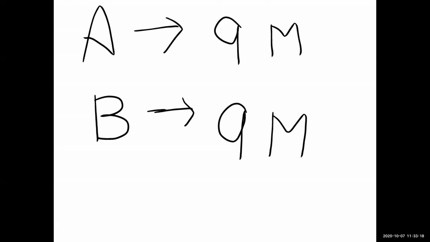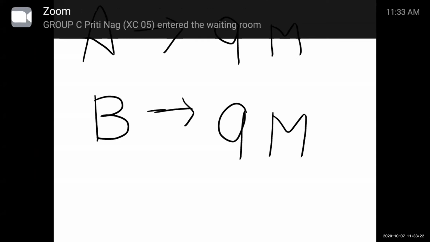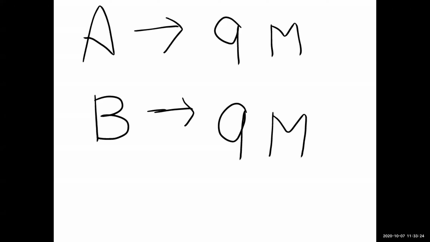Okay? So Group A and B, one question will be given to both groups. Whoever raises the hand first will be given the chance. Co-host, please check who is raising the hand first.